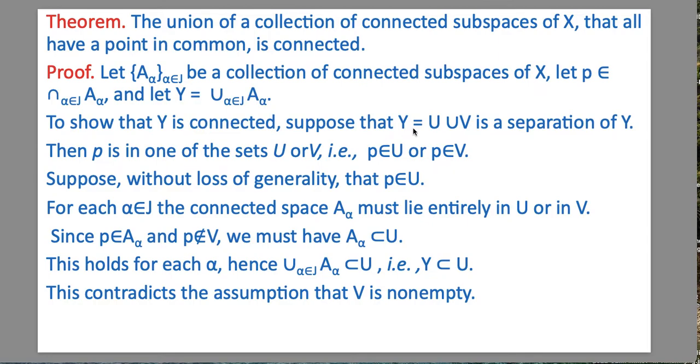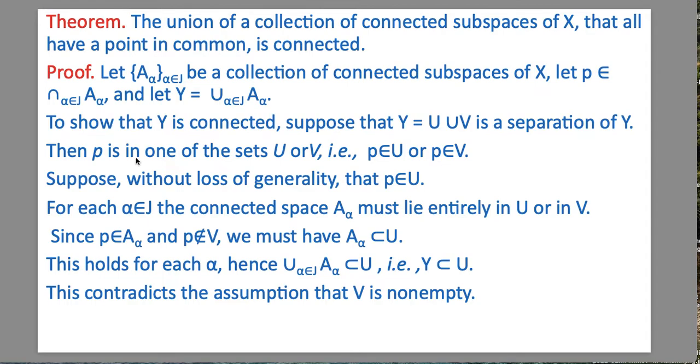Suppose that Y is equal to U union V is a separation of Y. Then P is in one of the sets U or V because P belongs to the intersection over alpha belonging to J of A alpha.